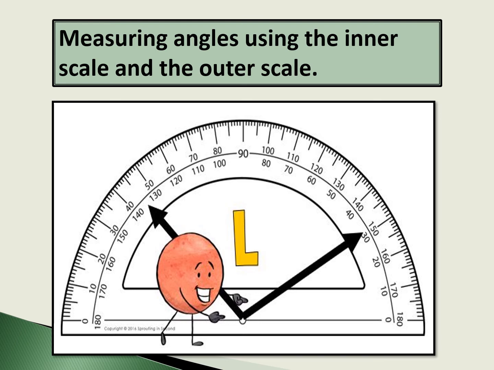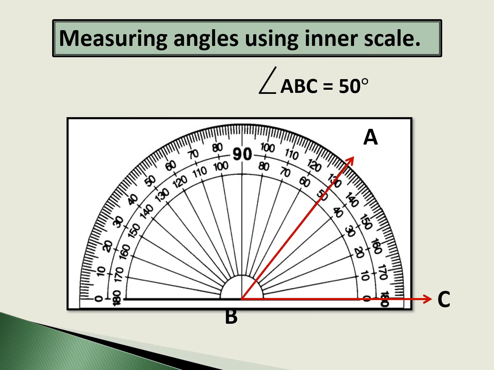Now let's understand more about measuring angles using both the inner scale and the outer scale. Look at this angle ABC. In angle ABC, the baseline arm, which is BC, points to the 0 degrees of the inner scale.